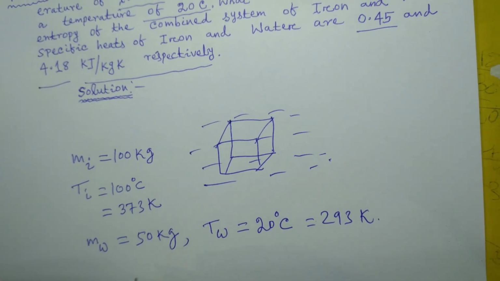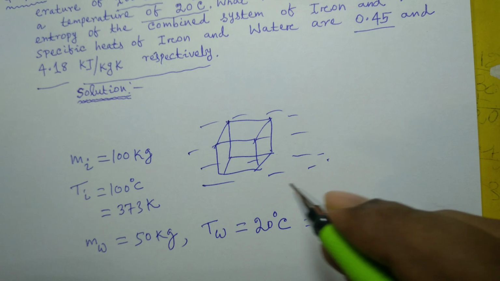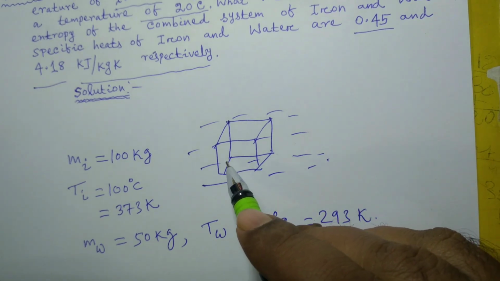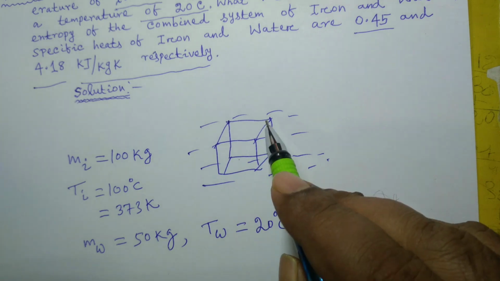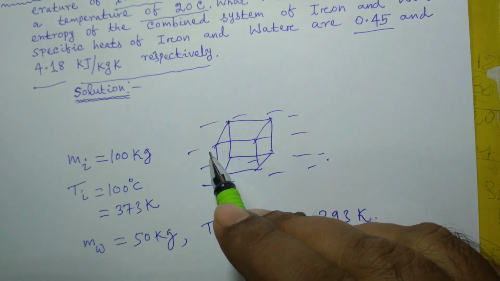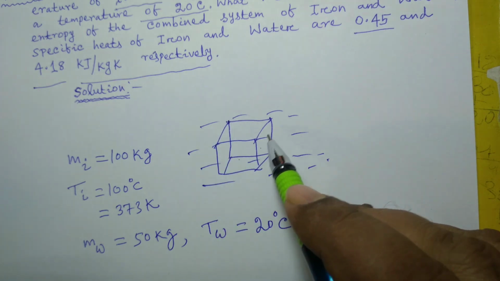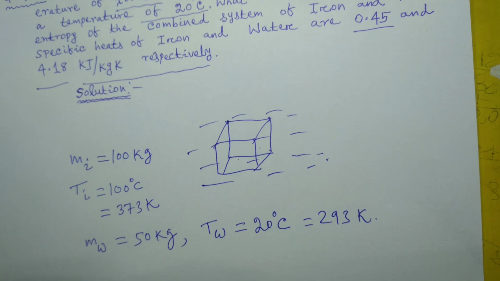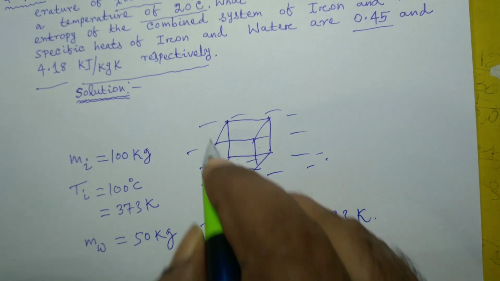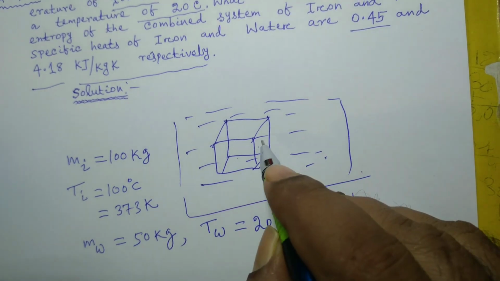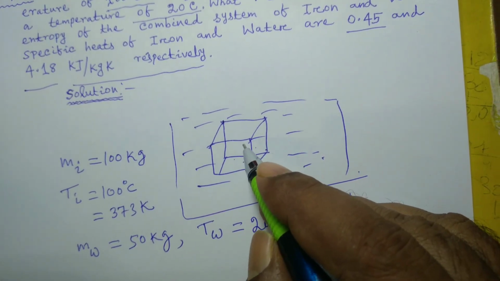If you apply the energy balance principle to this combination of iron block and water, first we will consider this combined system of iron block and water as an isolated system. That means this is our universe.